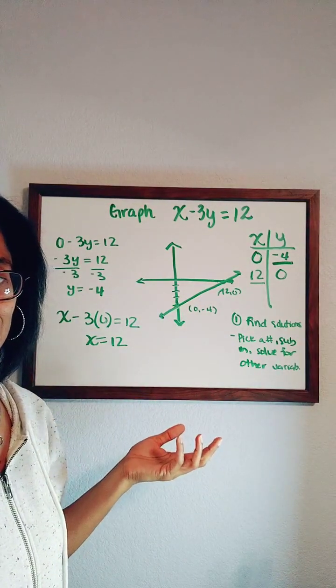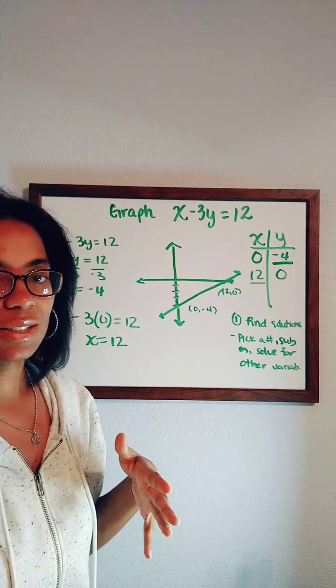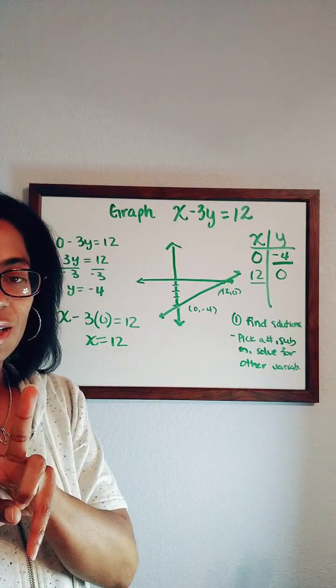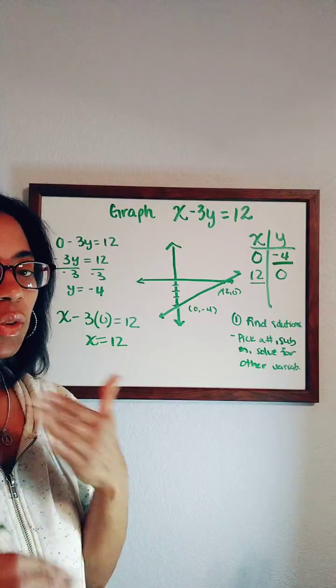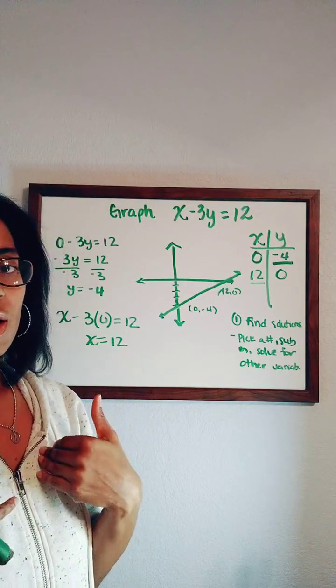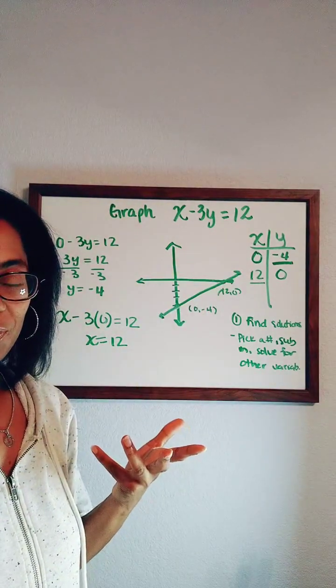Like, that's it. So that's how you would graph a linear equation. You have to just get 2 points, but you have to decide what they are first. Until we learn how to do y-intercept form, which is my favorite form, but sometimes they'll give you an equation like this, and you have to do it another way.